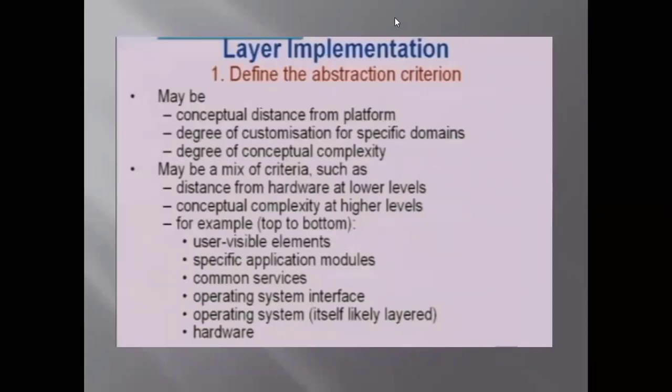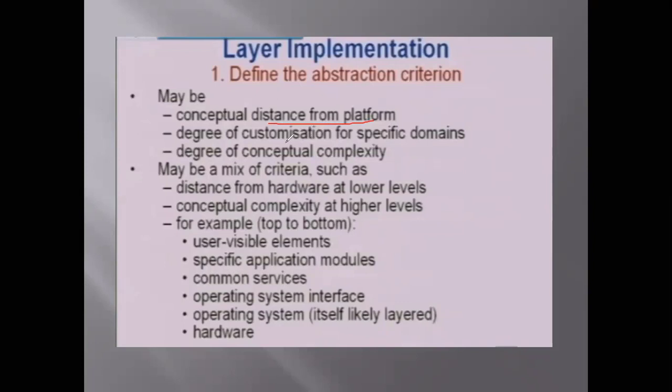there will be conceptual distance from the platform. Whenever we think of the bottom layers, they will be more towards performing some kind of hardware task like reading the bits or transferring the bits. And as we go onto higher levels, it will be highly abstracted.